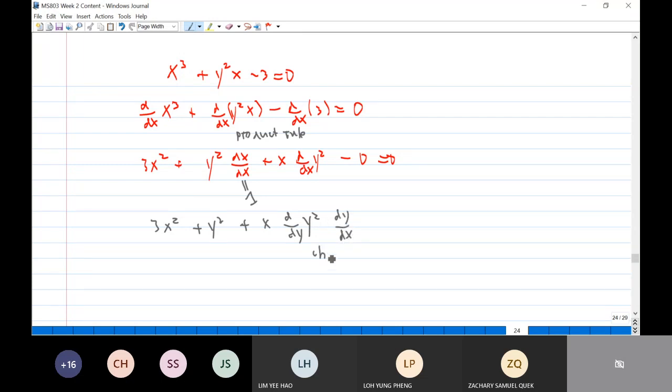So this is where the chain rule comes in. And then the other one is 0 here. So we get 3x squared plus y squared plus 2xy dy/dx equals 0.